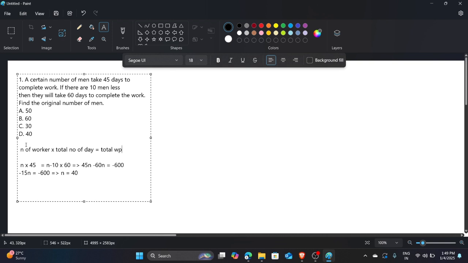This is the formula. Sorry, work. This is the formula, and this is the solution.